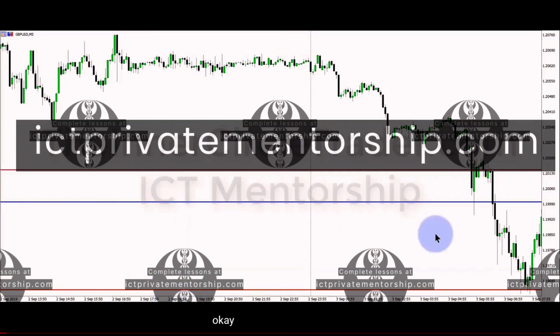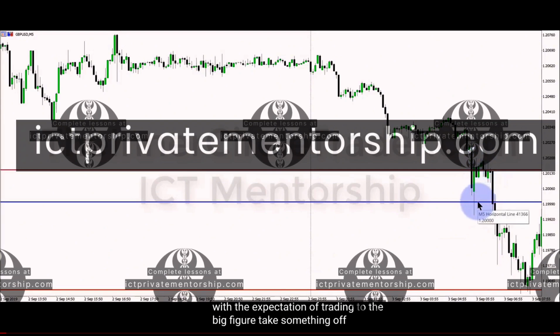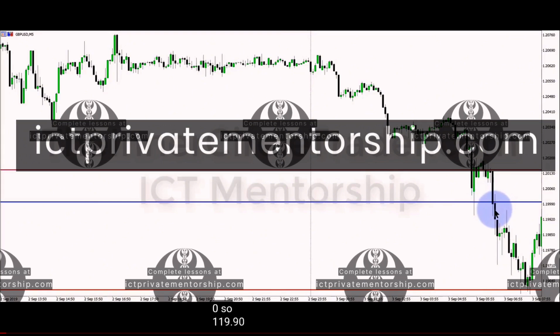Okay. And entering here with the expectation of trading to the big figure, take something off. And then what's 10 pips below that? 119.90. So 119.90 here. Take something off. Let me put some of these markers on.